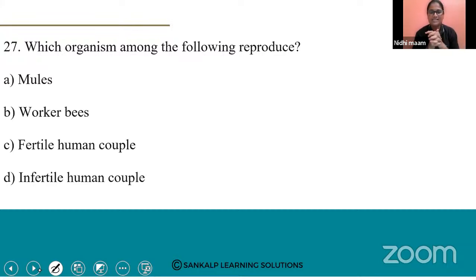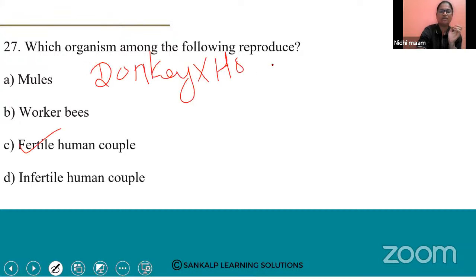Dhavina answered it. Rumana Kausar answered it. Vaividya answered it. Okay. Exactly the right answer. Fertile human couple. Mule is a hybrid of donkey and horse, which is actually sterile. Donkey is crossed with a horse and we get a mule, which is usually sterile.